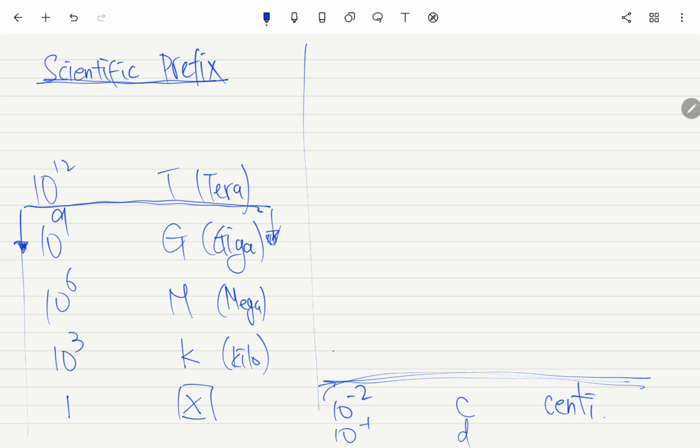Up there, 10 to the negative 3 is milli. Frequently you can see millimeter or milliliter. Then 10 to the negative 6 is micro. Micro is a Greek letter.